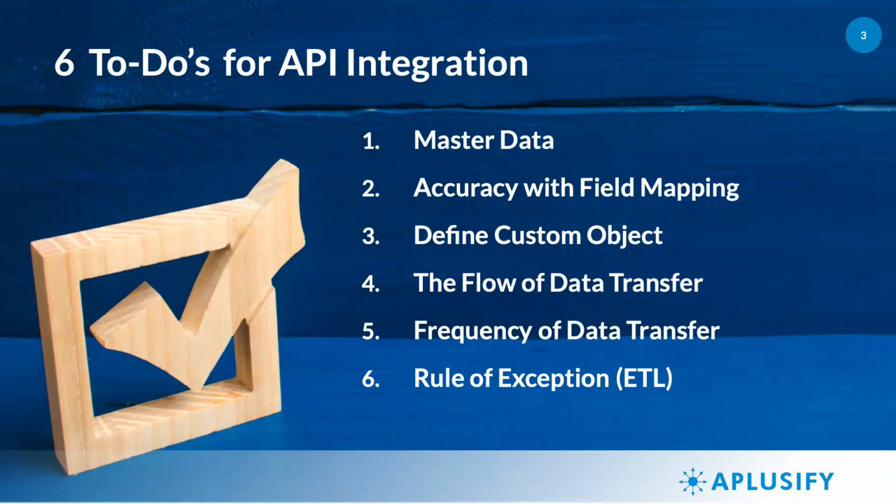As an organization, we need to communicate with all the departments that we have, and identify the critical data flows that are required to be taken care of when we are doing an API integration.